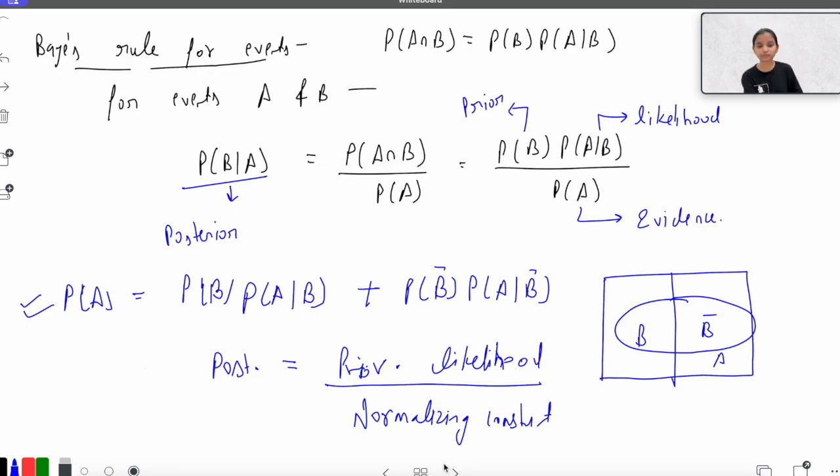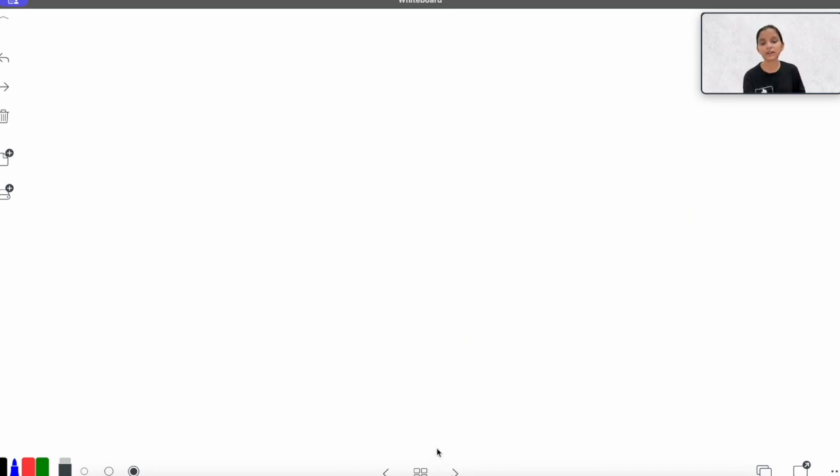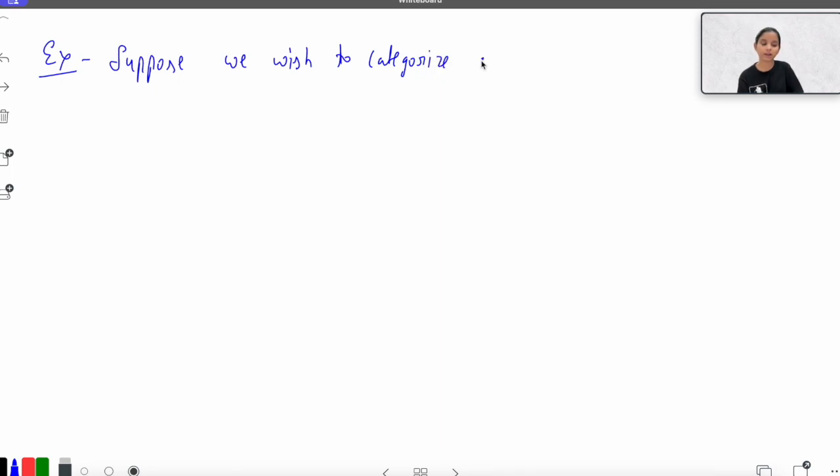Now let's try to understand it with an example. Suppose we wish to categorize an online news item as fake news or real news.